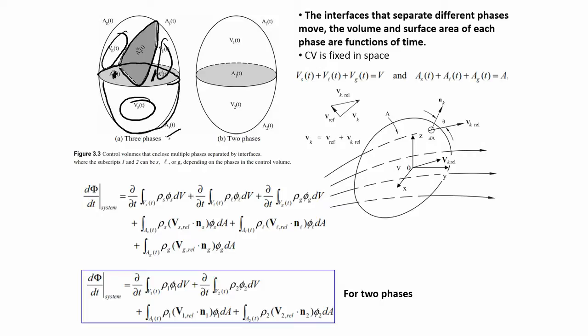So, this has a surface area of AS, this has AL, and this has AG. The interfaces separate the different phases, and the volumes and surface areas of each phase are functions of time. Got it?